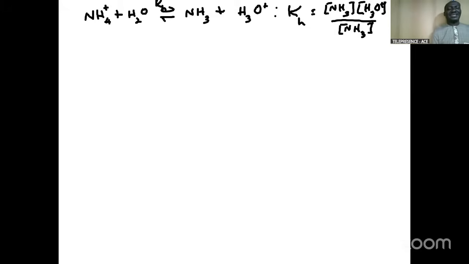We have said that this ammonium ion is actually formed from a weak base, ammonia. So let's look at the reaction of ammonia also with water. In this case, it's not really hydrolysis, it's dissociation of ammonia, a weak base, plus water.